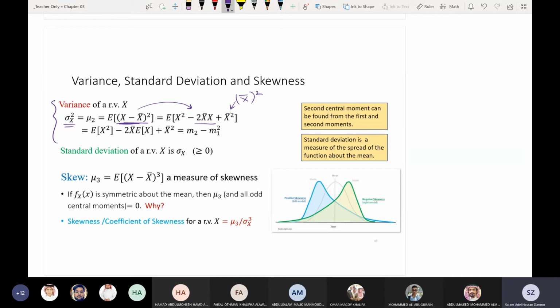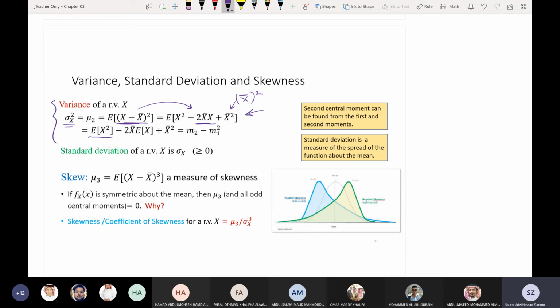Now applying the second property, we can separate these into three different expectations. The expected value of x squared, minus the expected value of 2 x bar x.